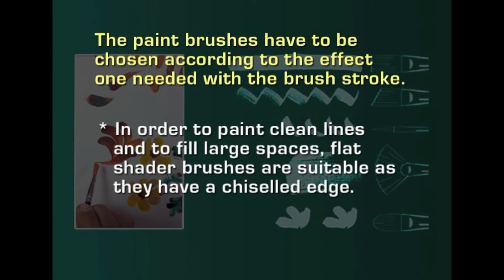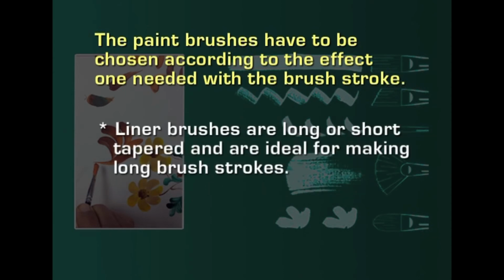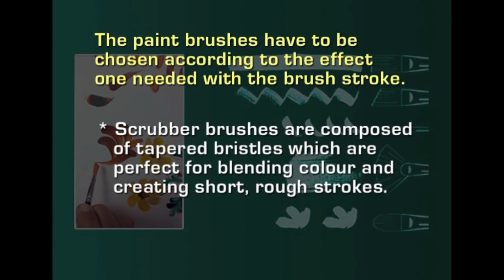In order to paint clean lines and to fill large spaces, flat shader brushes are suitable as they have a chiseled edge. Liner brushes are long or short tapered and are ideal for making long brush strokes. Scrubber brushes are composed of tapered bristles, which are perfect for blending colors and creating short, rough strokes.